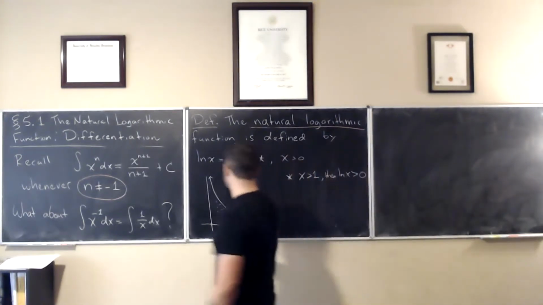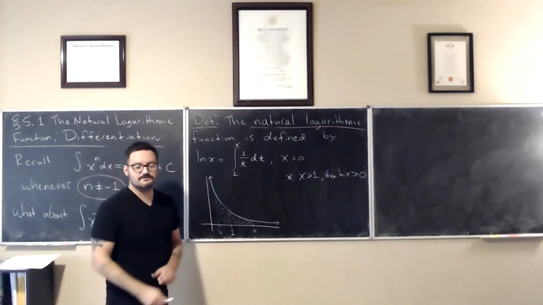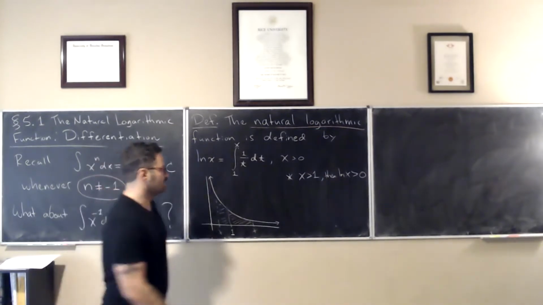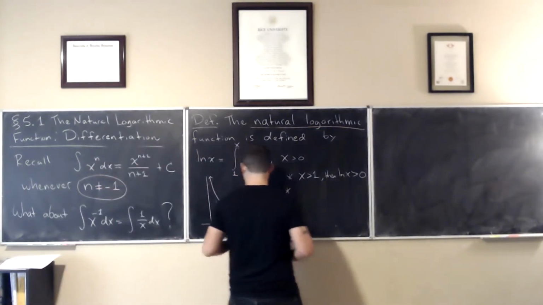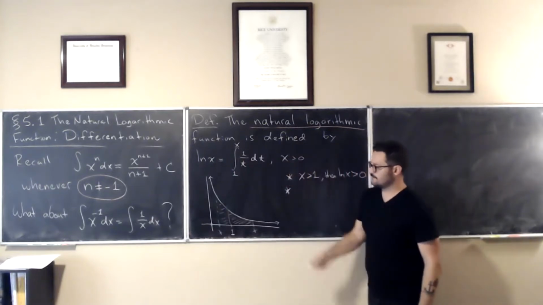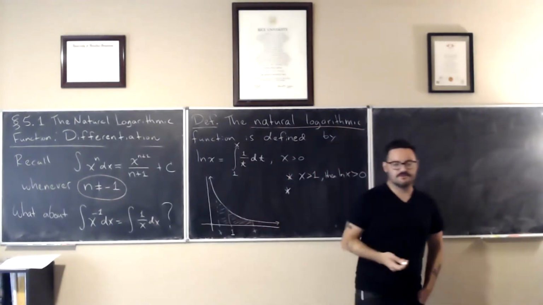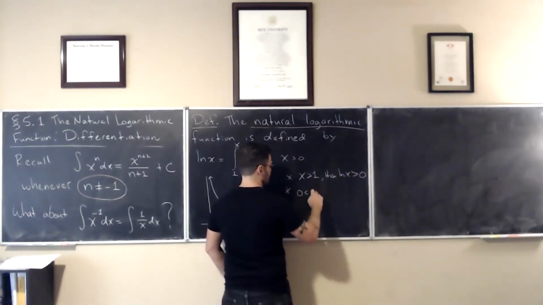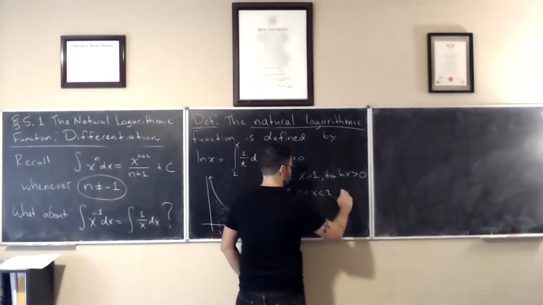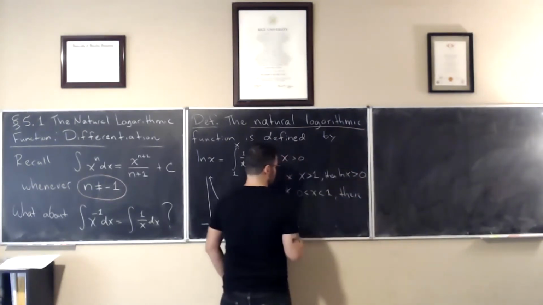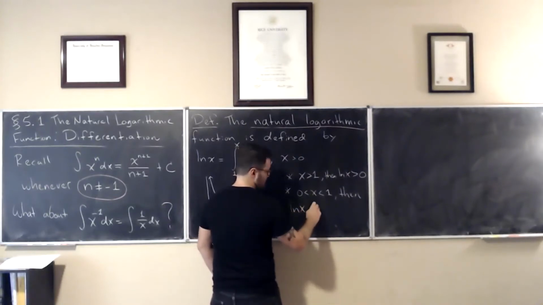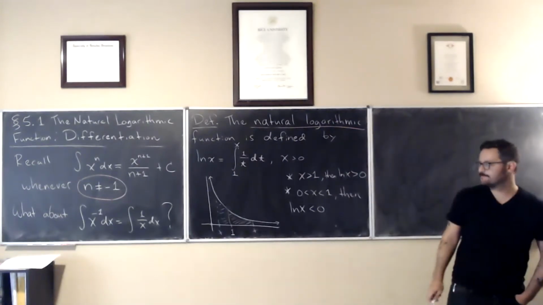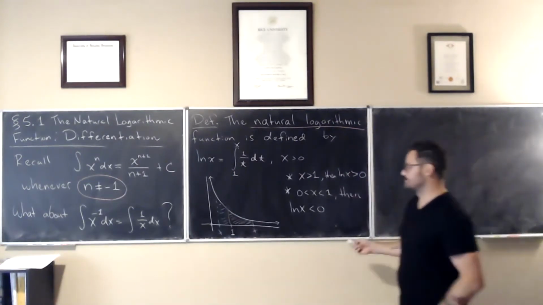If x is less than 1, then we use our rules of integration, which you're going to have to review from Calculus 1 if it's been a little while. If x is less than 1 but greater than 0, then the natural logarithmic function is going to be negative. So 0 less than x less than 1, then the natural logarithmic function is less than 0. It's negative.